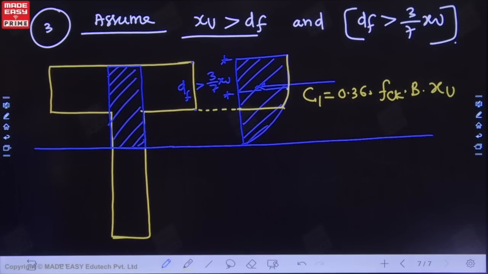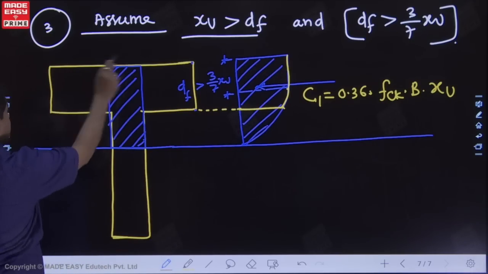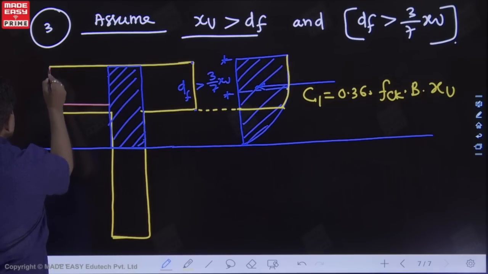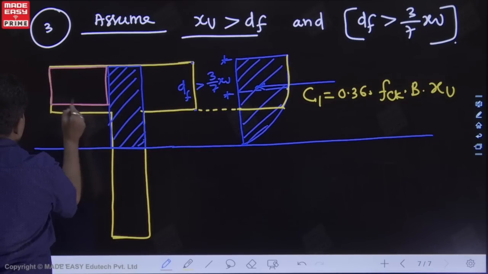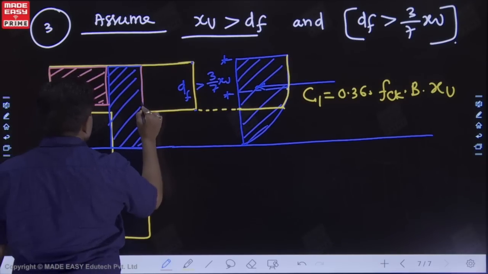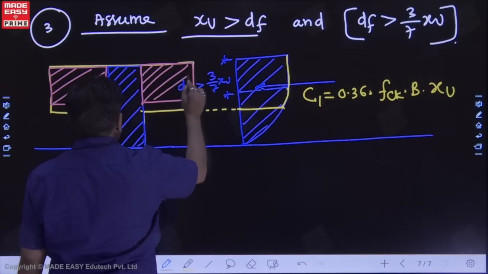To understand this, the Indian Standard Code suggests that we don't consider this total depth, consider only a certain portion like this. On this portion, consider this and this portion. Don't consider the full depth of the section.